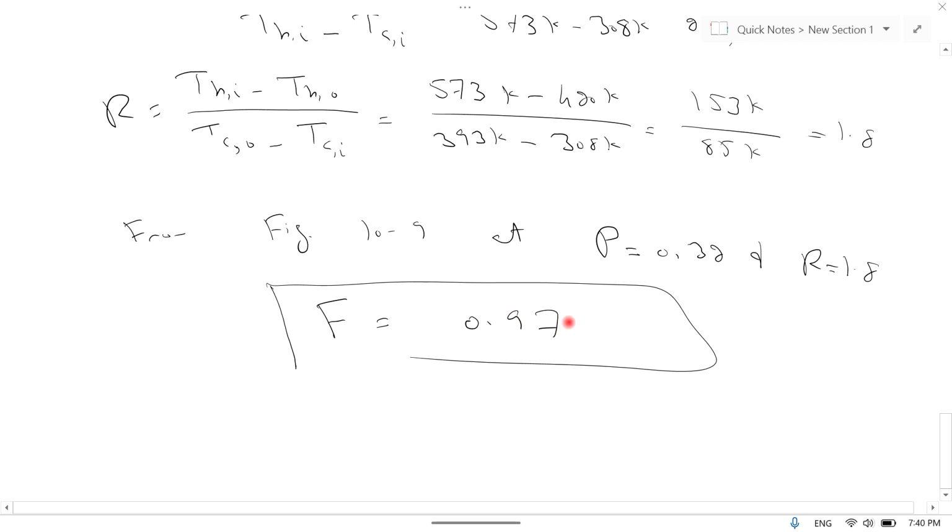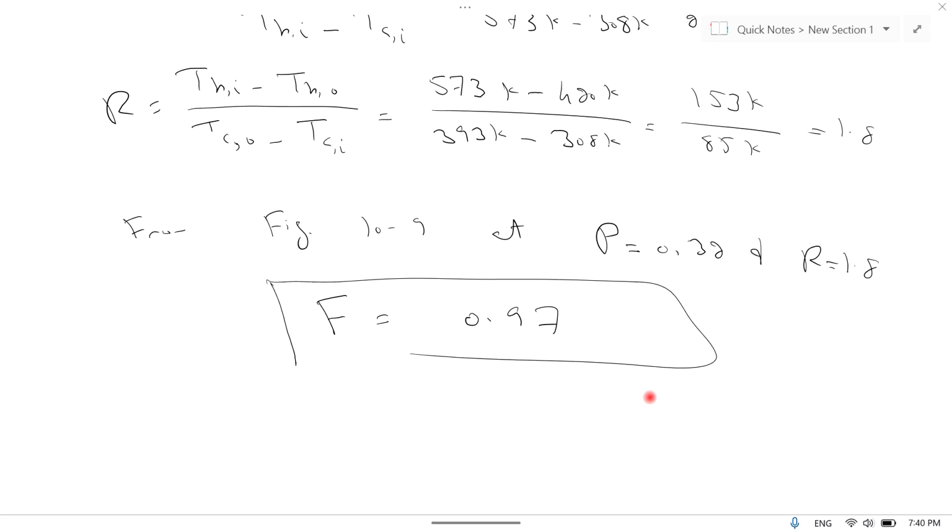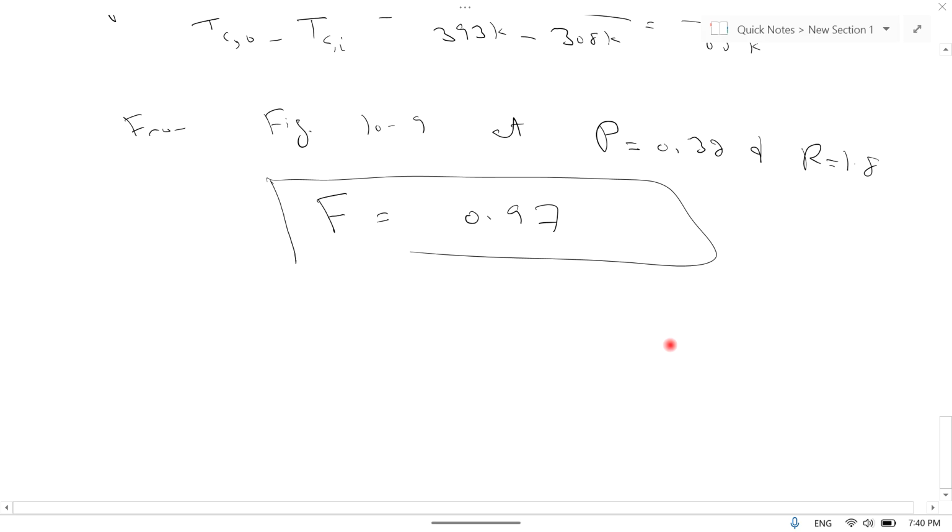Now we find the corrected log mean temperature difference, meaning we will include the correction factor.